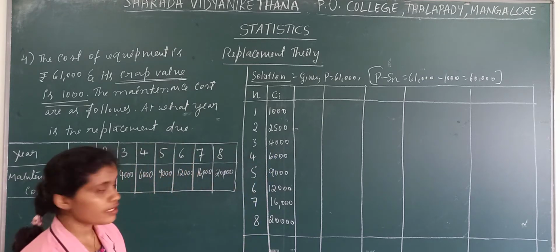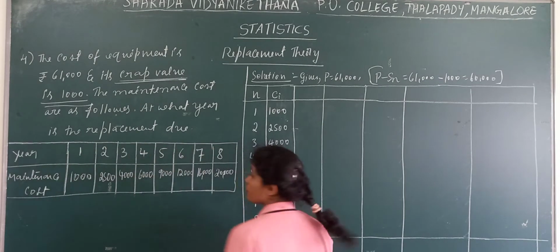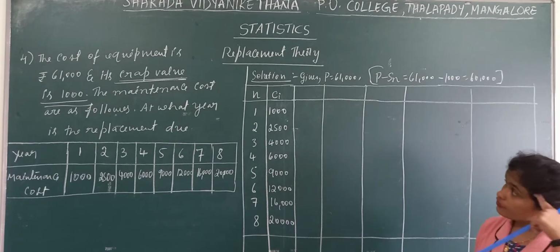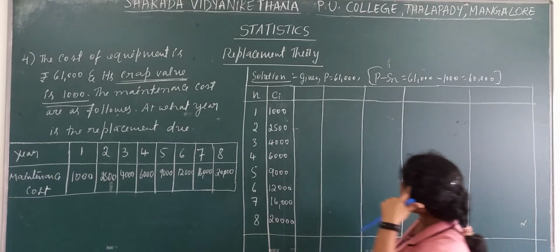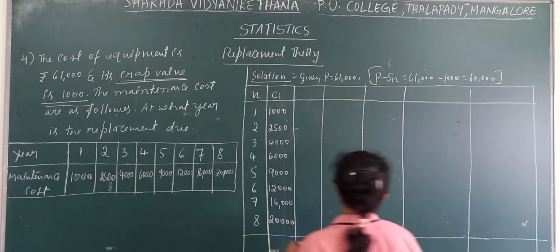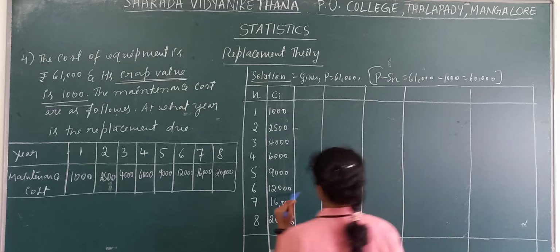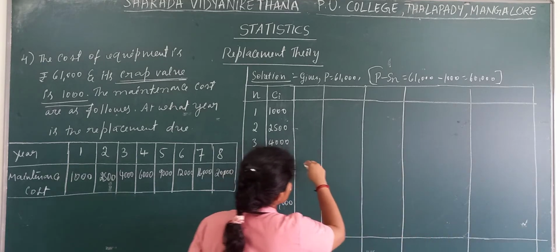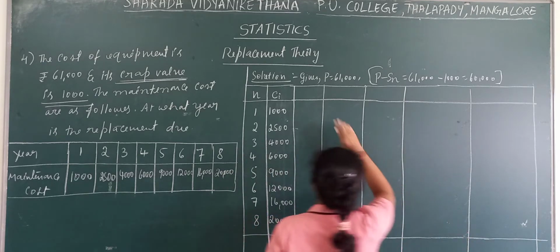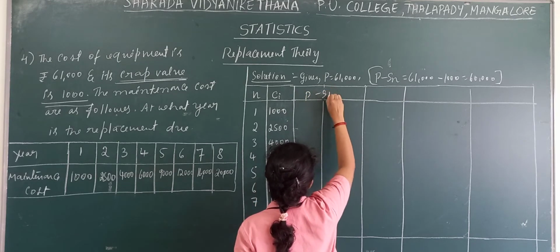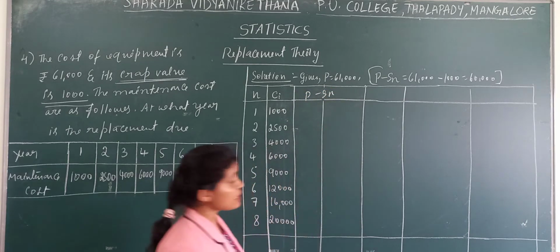Now, what is next that we need to find out? Usually we write SN, but here SN for different years is not given. So we can write P minus SN.